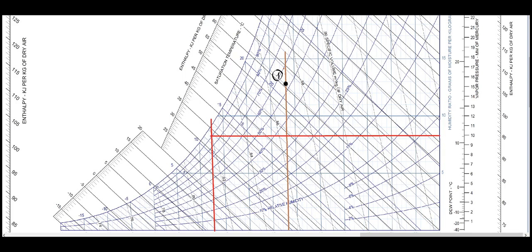So this one. So we have the point 2 at this point. Now connecting that one, we have the process here. Okay, so putting the arrow for the process.